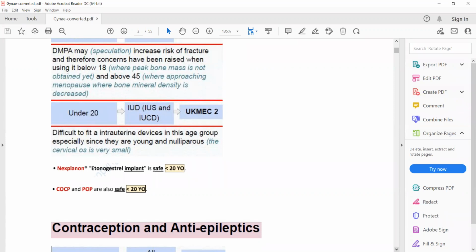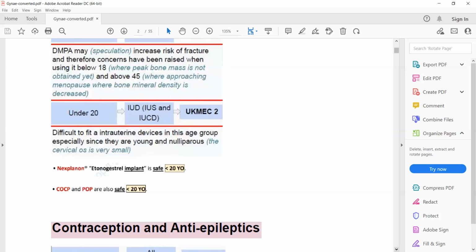If the patient's family is complete, then long-term contraception such as IUD is preferred. And if the family is incomplete or if the patient wants to get pregnant within 6 months or after a period of 6 months, then short-term contraception such as COCP and POP is preferred. Though DMPA or medroxyprogesterone acetate needs to be taken every 3 months, after injection of DMPA, fertility can take up to 12 months to return.